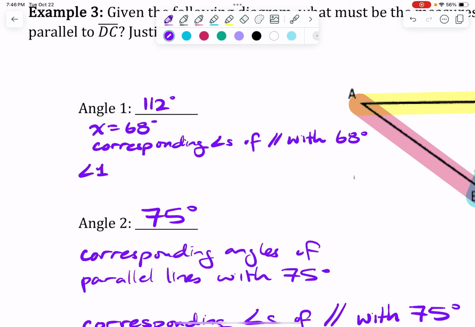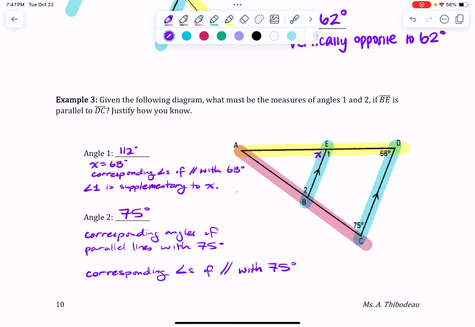So angle 1 is supplementary to X. And that is this example, done.